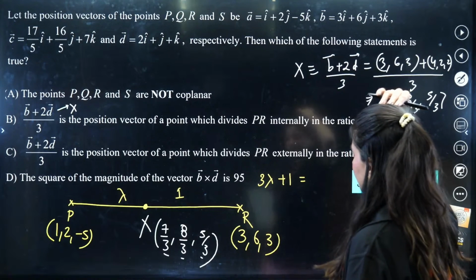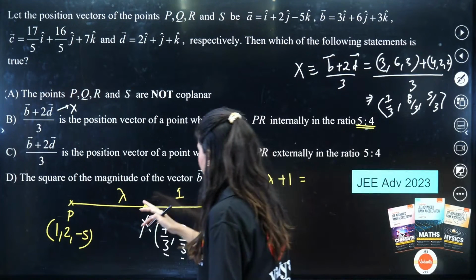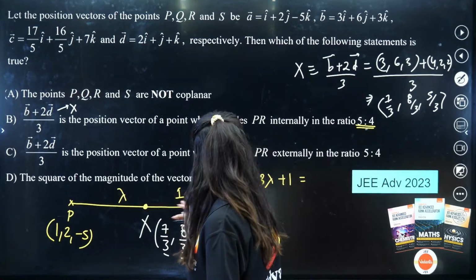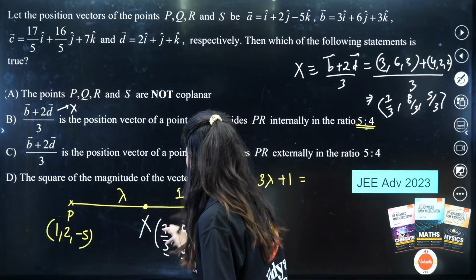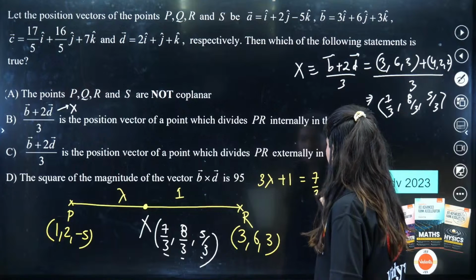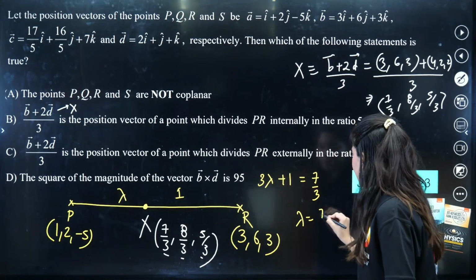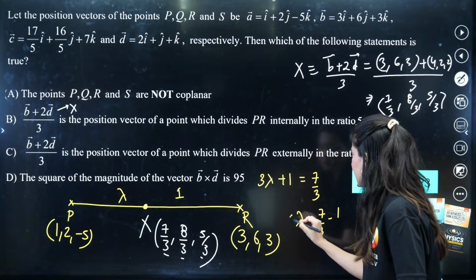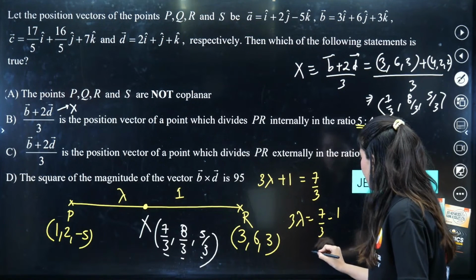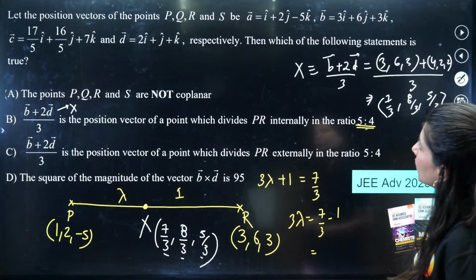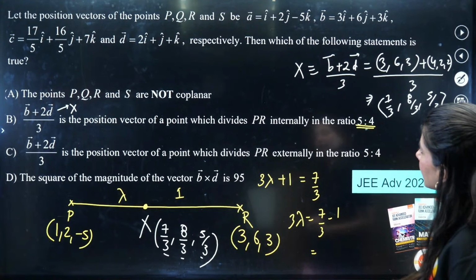So 3 lambda plus 1 is going to get me 7 by 3. So lambda will be what? Tell me. The value of lambda will be what? 7 by 3 minus 1. This is 3 lambda, so 4 by 3. Correct? Position vector of P, Q, R, S.